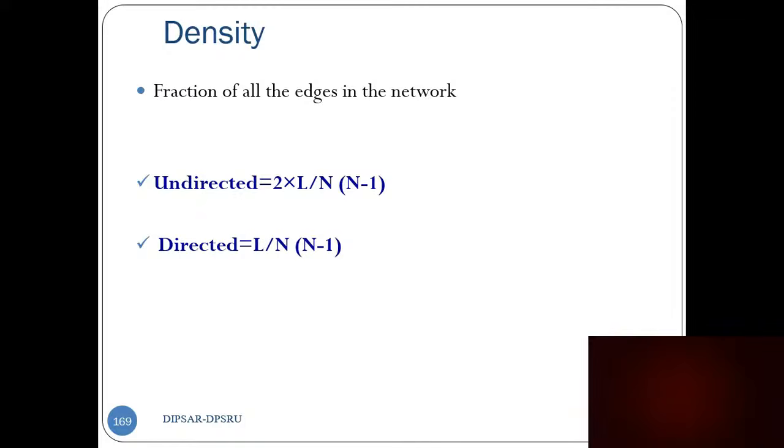Are you getting my questions? On the screen, you can see there are two formulas for the density. Density is the fraction of all the edges in the network. So if you look at the formulas, first tell me what is the difference between these two formulas and why there is a difference. Anyone?